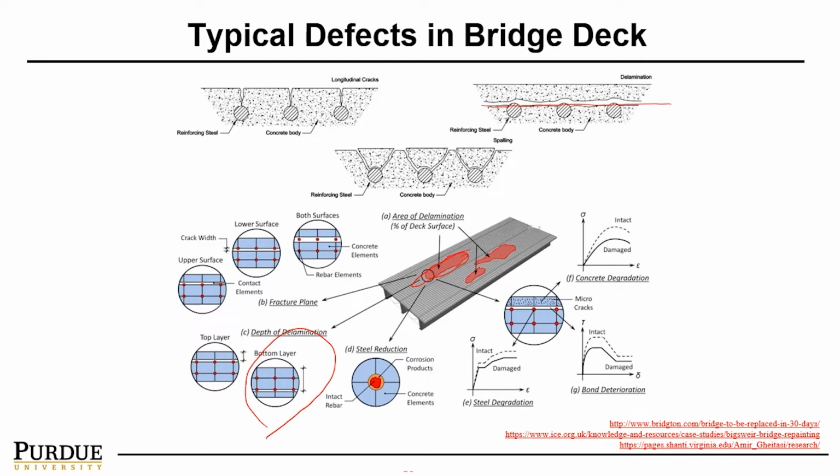Other than that, the steel could be exposed to corrosion, and the concrete is also prone to corrosion, particularly if the bridge is over seawater. Some degradation of the steel and concrete can often happen at the bonding part.